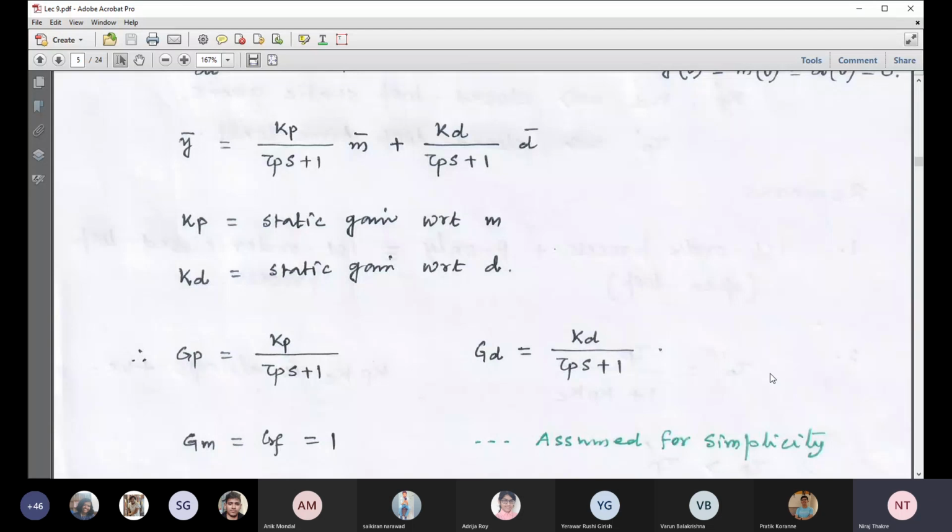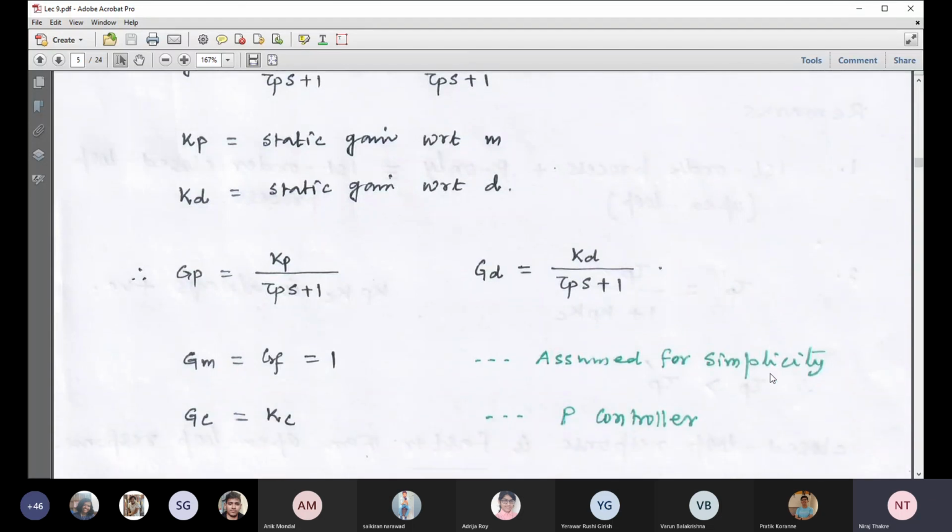Since we are trying to investigate the effect of proportional action, our controller is basically a proportional controller. So our step 1 is finished. We know all 5 individual transfer functions. You see, GP we know, GD we know, GM, GF, GC, all 5 we know. So this is step 1.